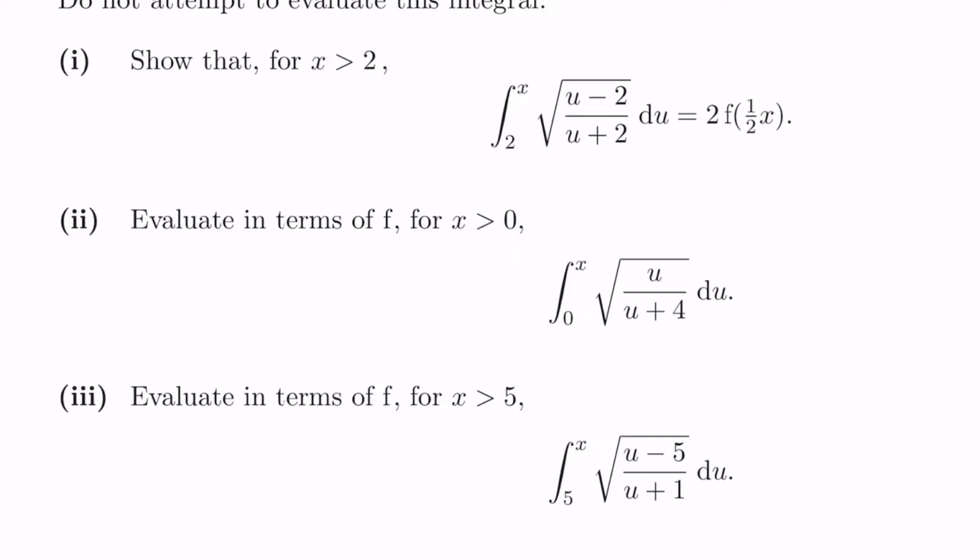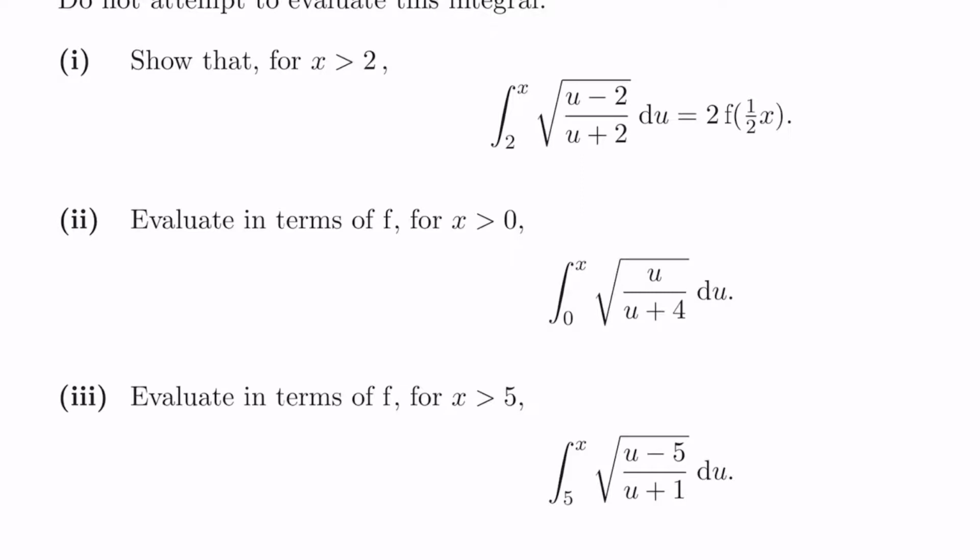And considering the substitution u equals v plus 2, we see that that would give us v minus 3 in the numerator and v plus 3 in the denominator. Can we then be confident of being able to express that integral in terms of f of x? Perhaps, but it'd be better if there was some little check that we could perform before committing to writing.